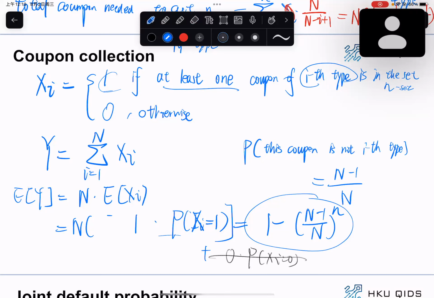So we only have this part left, and this is going to be n times (1 minus ((n minus 1) over n) to the power n). And we solve the question.